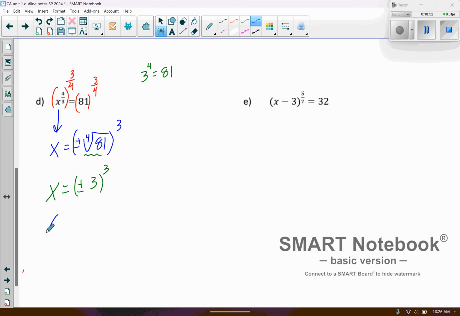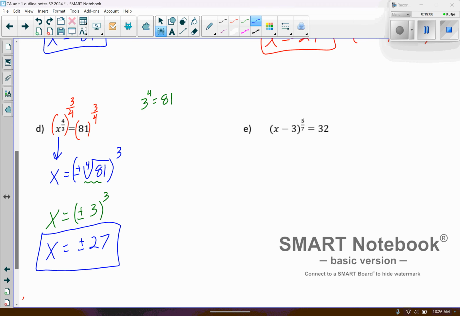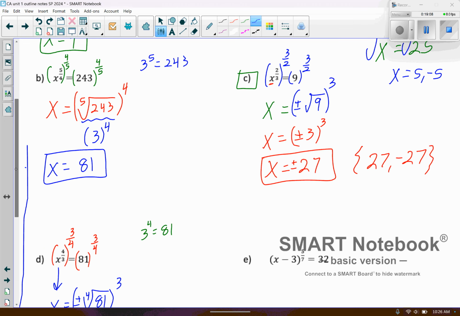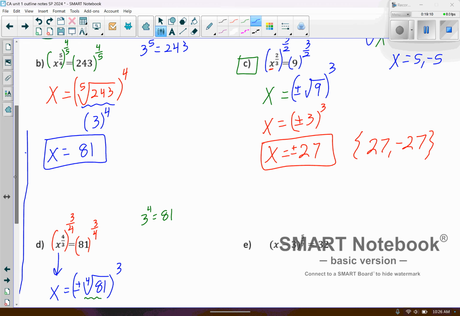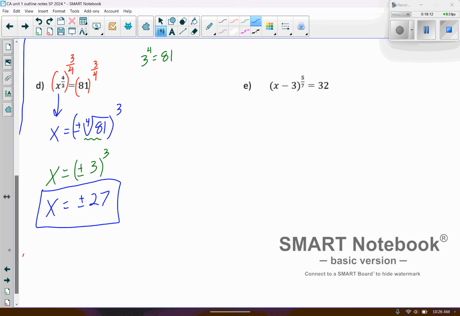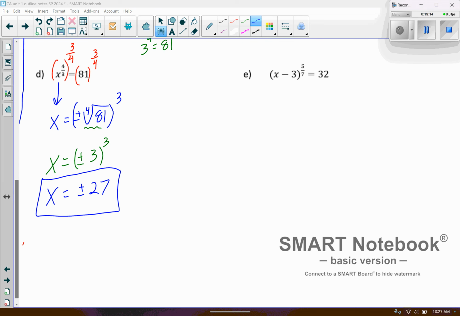So we're going to end up with x equals plus or minus 3 to the power of 3, which is 27, and then negative 3 to the power of 3 is negative 27. So coincidence, we actually got the same answer from the previous question, but as you can see, there were two different questions. But we ended up with the same solution. Just a coincidence.